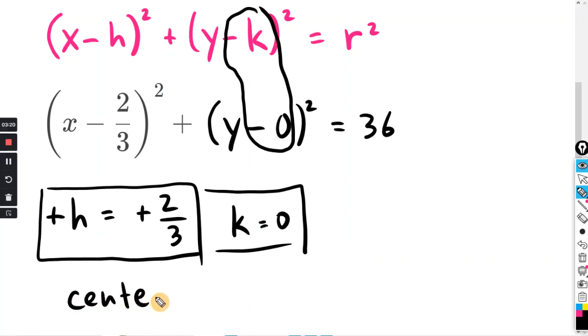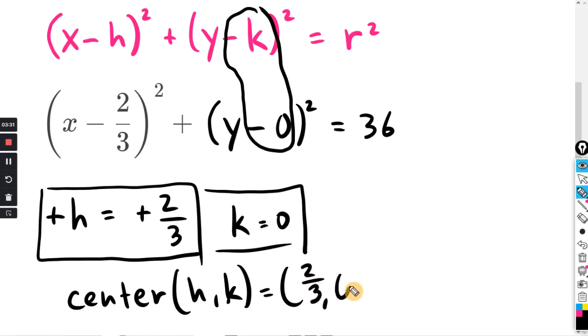All right, so we have the coordinates for the center. We said in the notes the center is h, comma k, and clearly that's going to be 2/3, comma 0. And finally, on the right-hand side of the equal sign, we see that r squared equals 36.